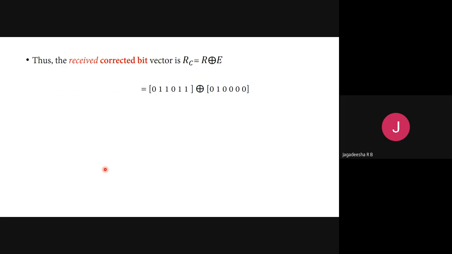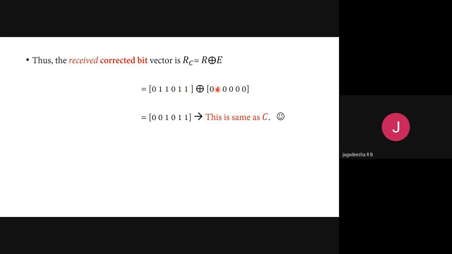So this is R and this is E. What do we get? Can you compute? R and E. When we do the XOR operation, we should get something like this, because 1 and 1 are 0, right? Actually, we added the error here.